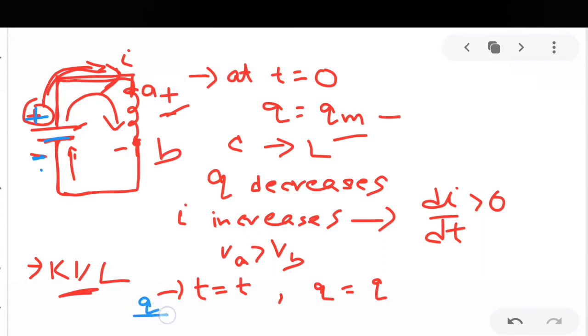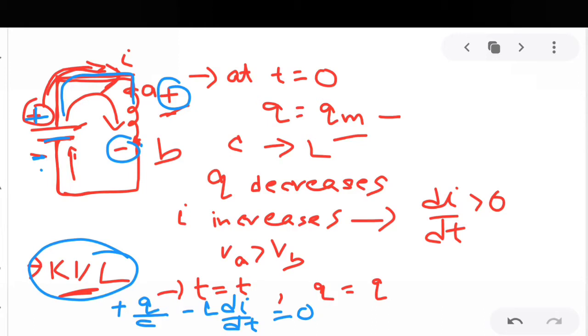So we get Q by C. Then we are moving from A to B, that is from high potential to low potential, that is a loss in potential, so that is equal to minus L di by dt. This is the potential drop across the inductor. The total potential drop is equal to 0. That is Kirchhoff voltage law.